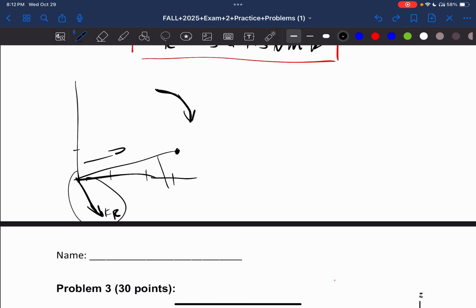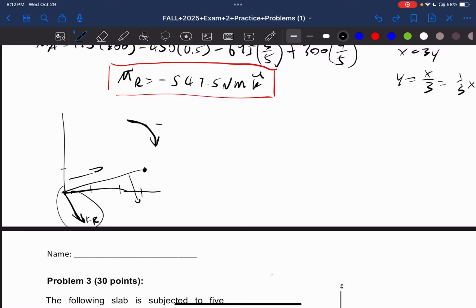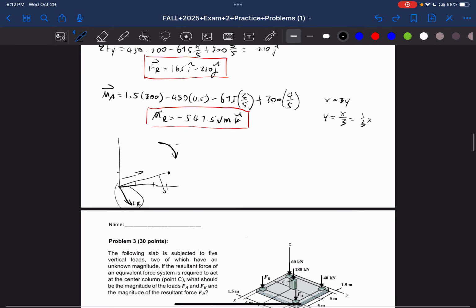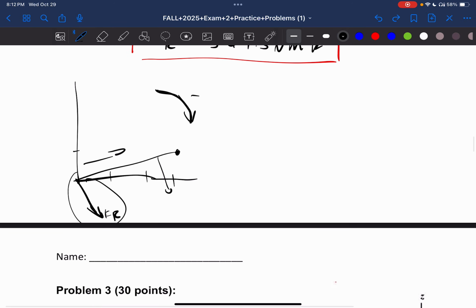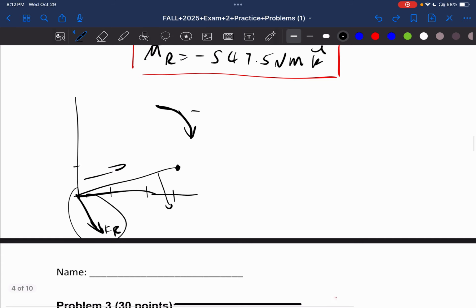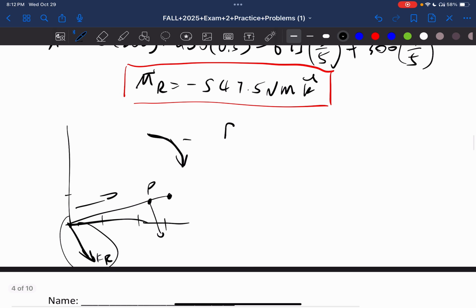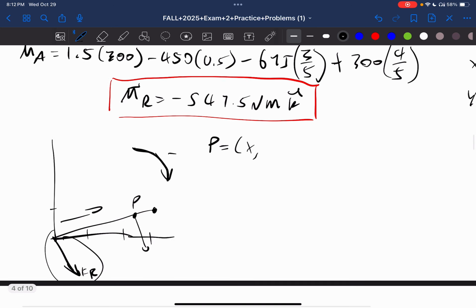Okay, so we need to know this x and this y coordinate. How can we do that? Actually, I have no idea. I forgot. I mean, we can just do, wait, how do we do this? Let's call this point P. P is going to be a point equal to x comma y.